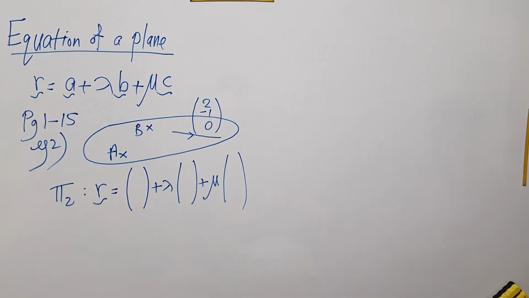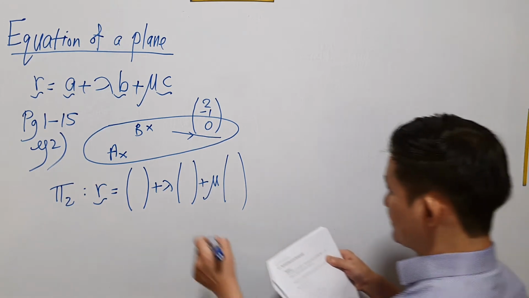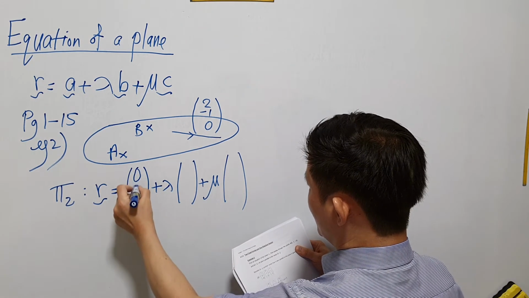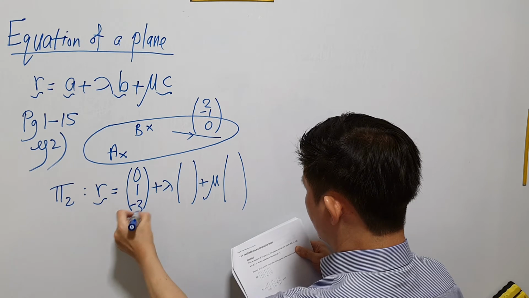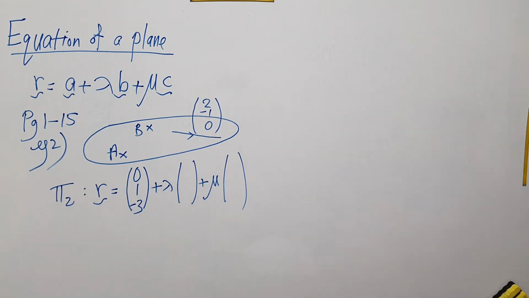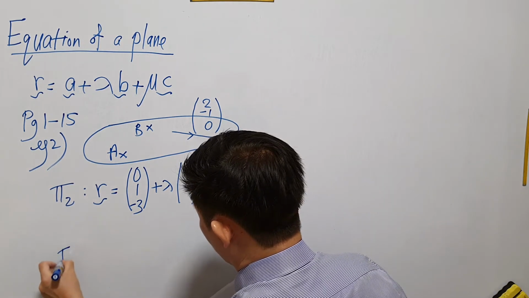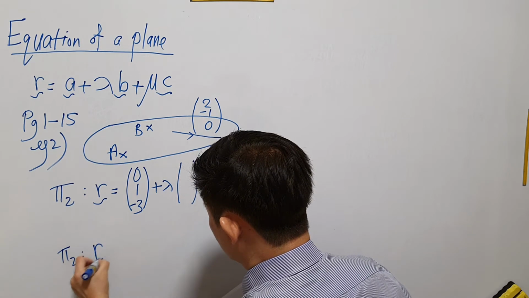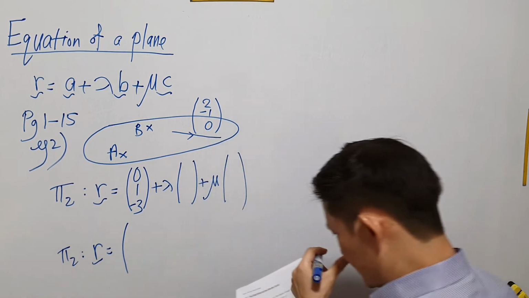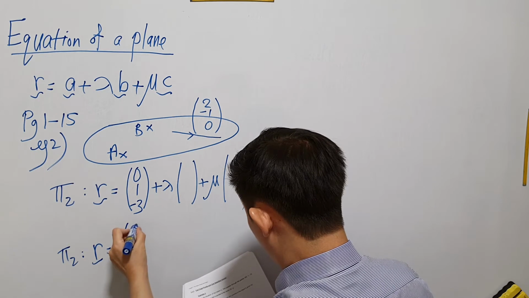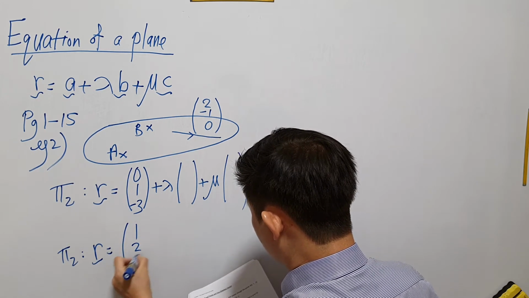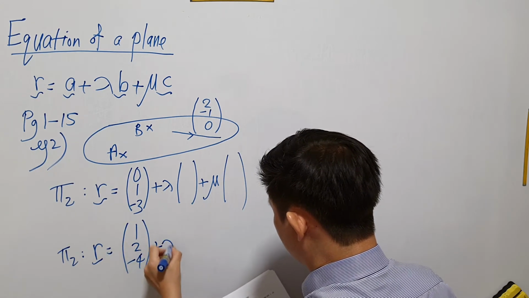For this question I have two choices. I could use the point 0, 1, minus 3, which is the position vector of A. Could I have used 1, 2, minus 4? Yes, of course. I could have written down pi2 with the first vector 1, 2, minus 4. I could have done the same thing.